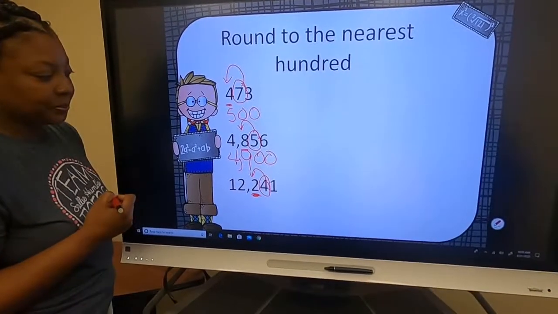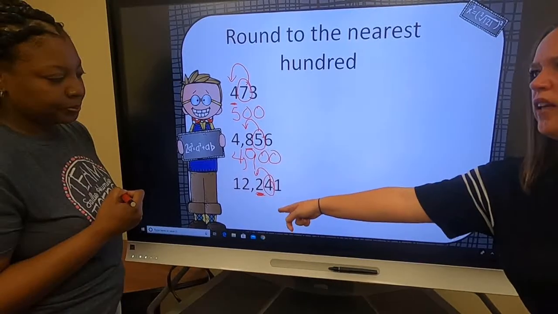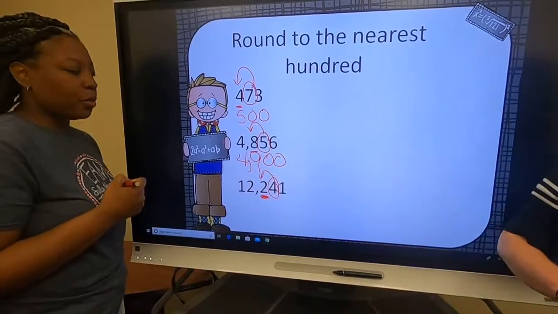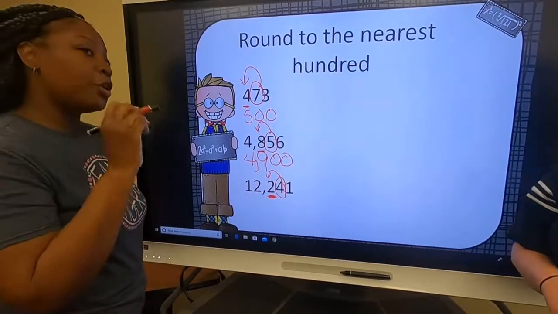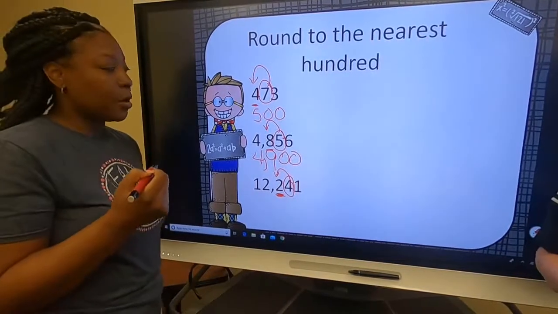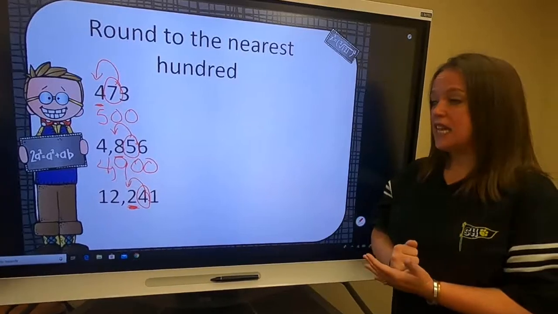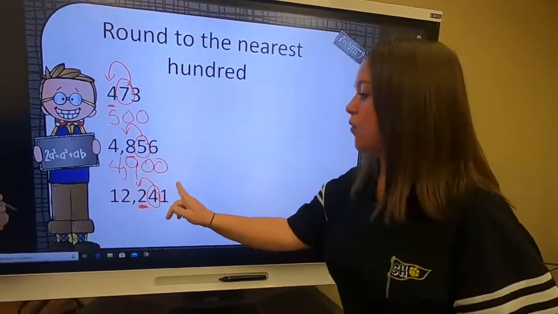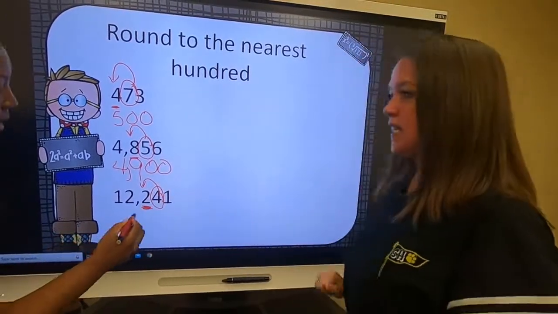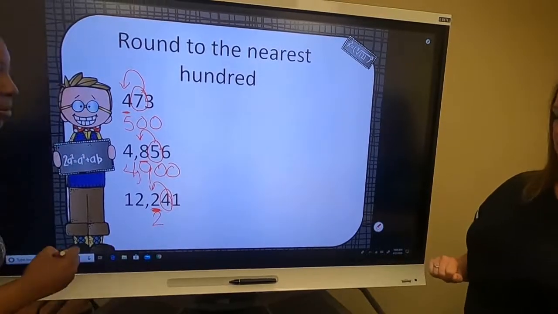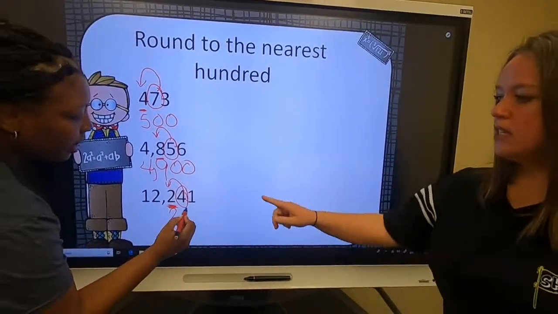Does it tell that 2 to go down to a 1? No, it does not. Because remember, in your poem, it doesn't say go down. That's right. It says sit tight, which means stay the same or go up by 1. So I know that 4 tells that 2 to stay the same. That 2 is staying the same and everything behind it turns to a 0.